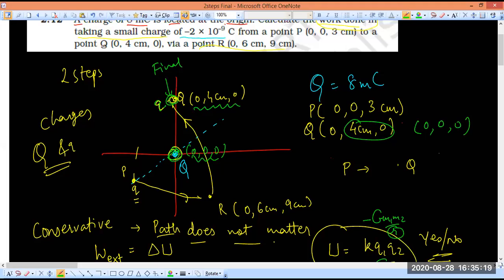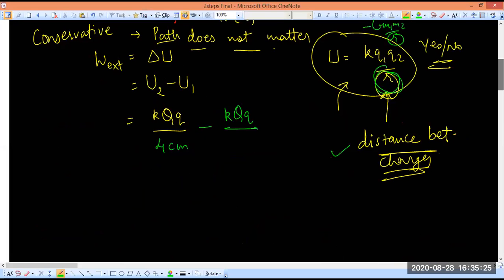That's right. 3 centimeter. Very good. Now, what's common? KQq is common, right? And instead of centimeter, you could write 1 upon 100 for converting it to meter. So this will become 1 by 4 minus 1 by 3.